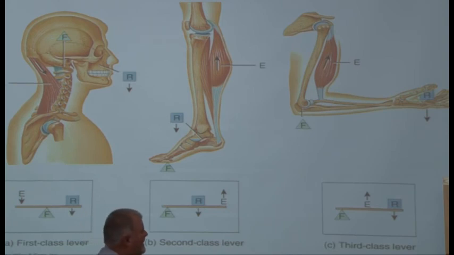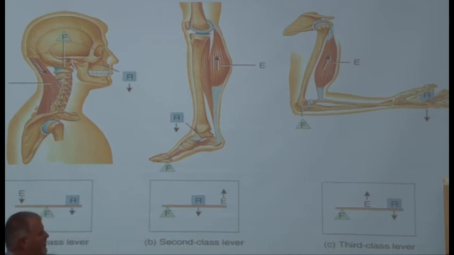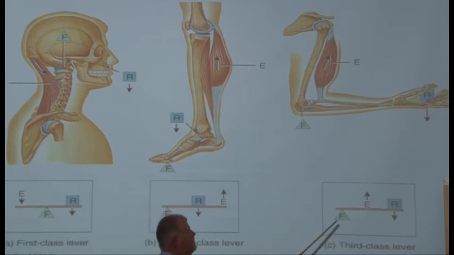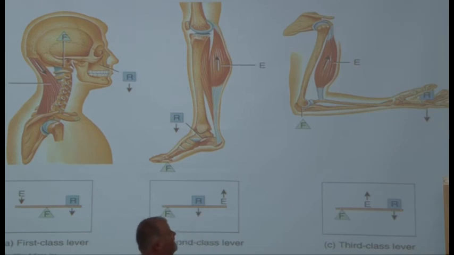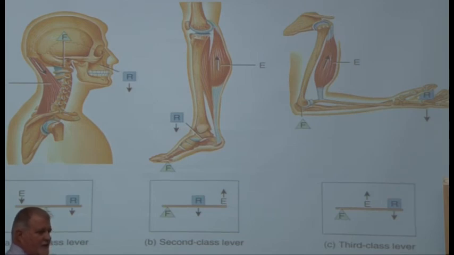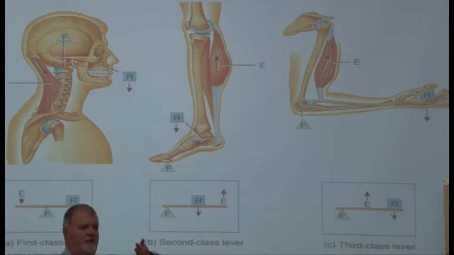So a third class lever is a reverse, where the fulcrum is still in the same place, but resistance and effort have changed positions. Right? And so that would be classically flexion of the forearm. So the fulcrum is the elbow joint created by the trochlear notch of the ulna and the trochlea of the humerus.